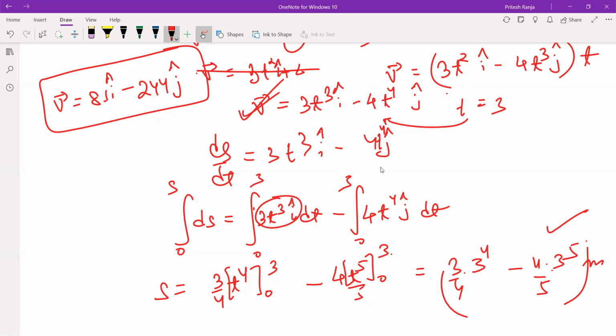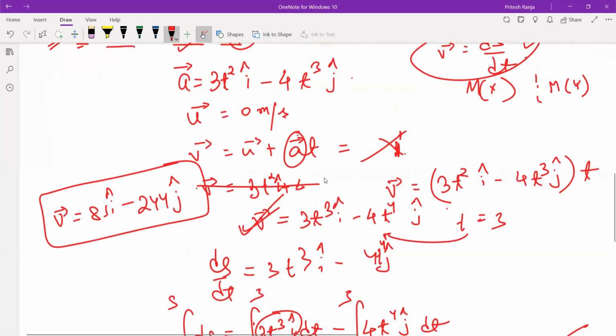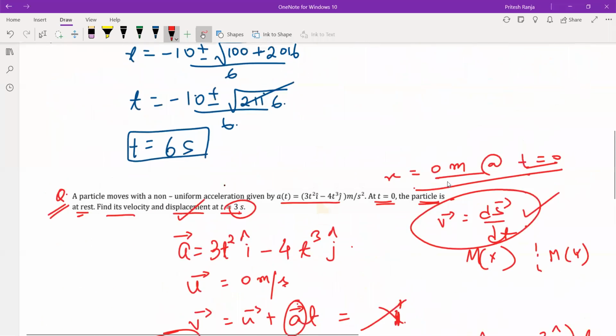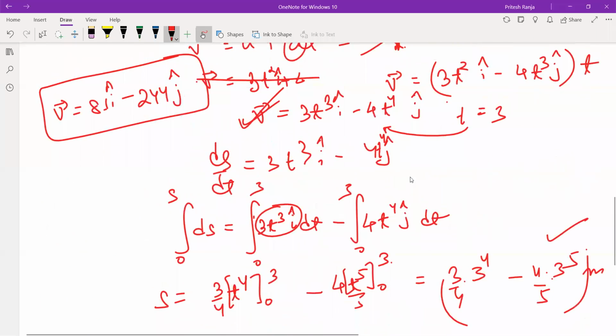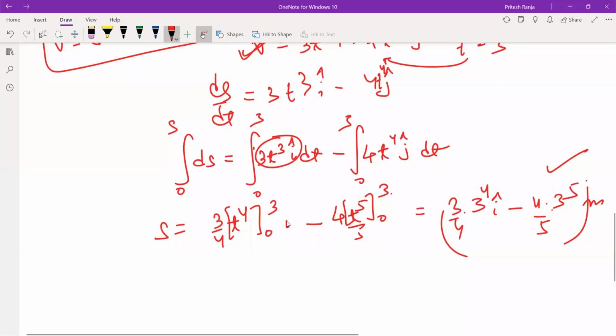They have asked us displacement only, not the magnitude of displacement. So it's okay to leave it in the form of vectors. Okay, we forgot i and j cap. i and j cap should be there.